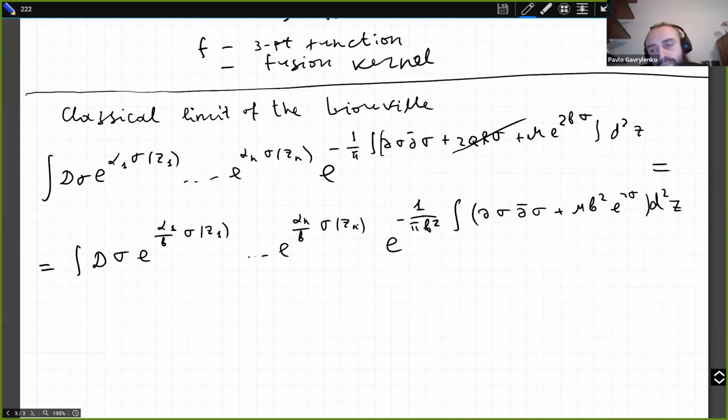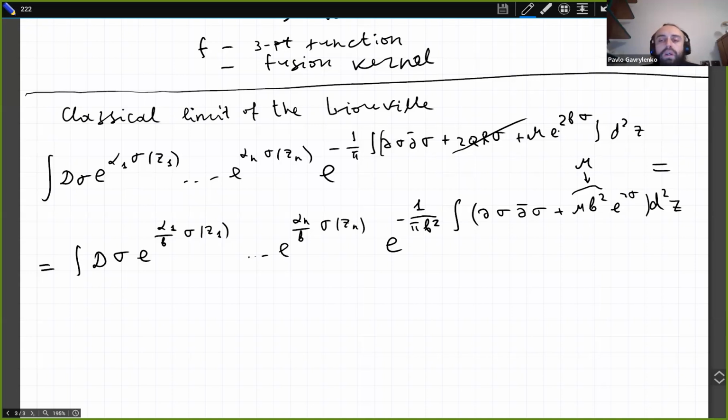And so we see that the action of the Liouville is now rescaled by, so we can call this variable mu tilde, let us say that it is our new mu. Because this is not important.